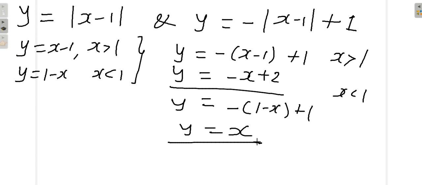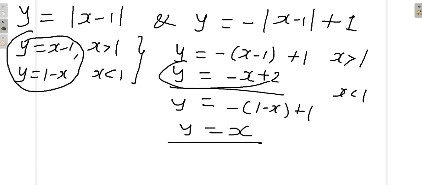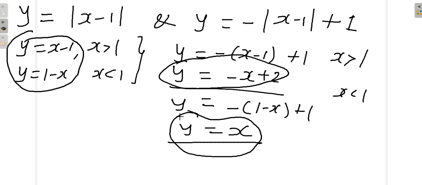So we have these 4 graphs to draw. We draw these 4 graphs, we will get a quadrilateral and then we will find the area.